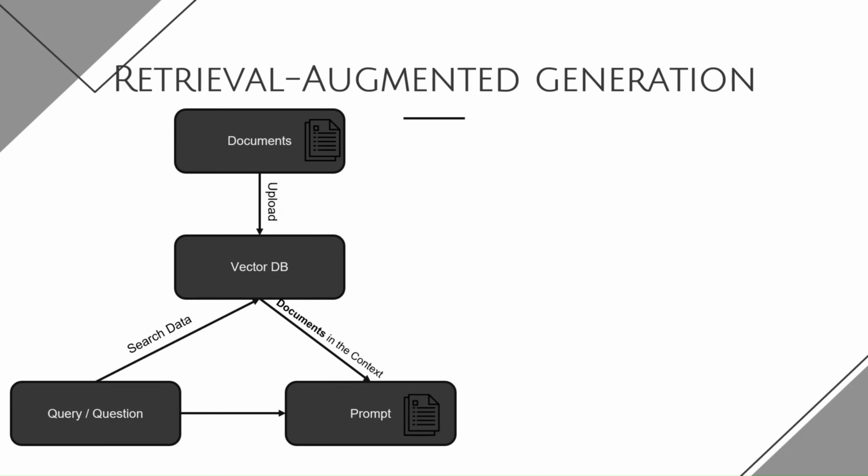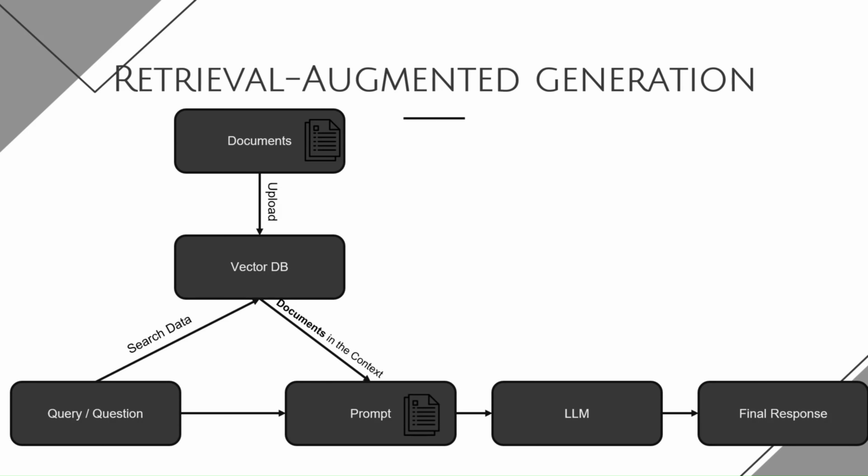This prompt combines both the question and the information retrieved from the database. Now, with a prompt that includes real-time data, the language model, or LLM, can generate a response. Since the model is now working with up-to-date information, its response will be more accurate and relevant. Finally, the model produces its final response, which integrates the retrieved knowledge with its own generative abilities.